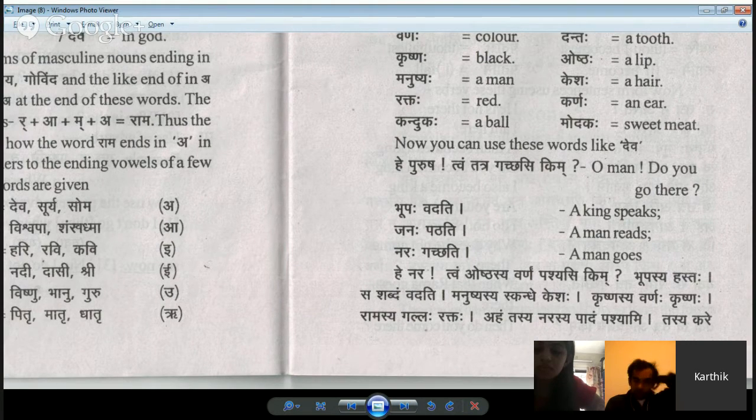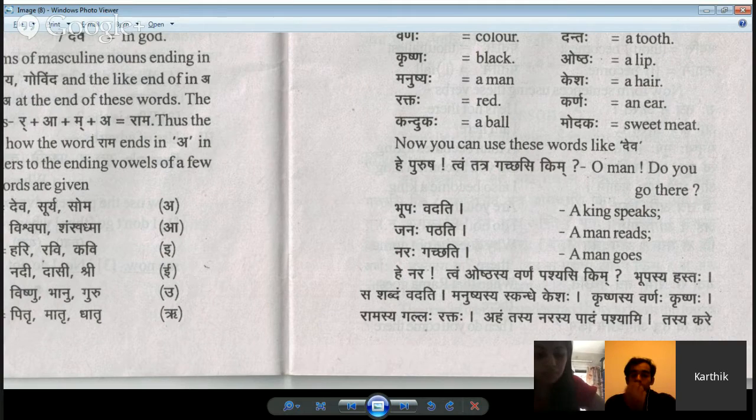So this tasya you can easily identify by the sya ending. It is similar to narasya, ramasya, devasya. So it is also in Shashti Vibhakti. It is the word conjugated in Shashti Vibhakti. So it becomes tasya. Aham tasya narasya padam pashyami. Okay. Usually the other forms need not be similar to the nouns, because pronouns decline differently.